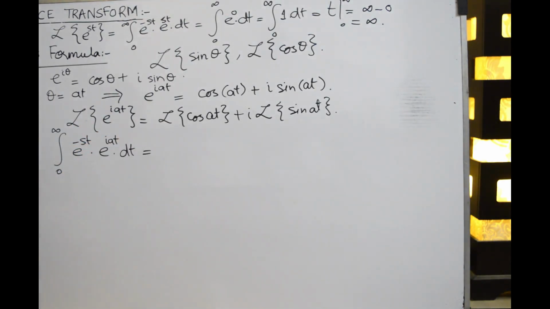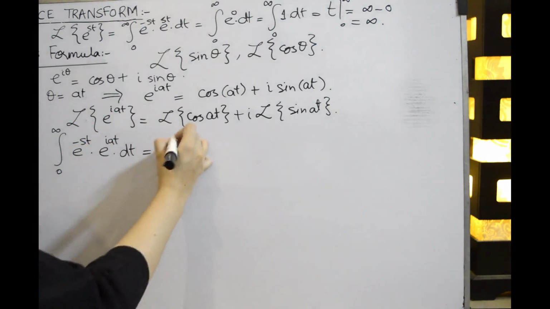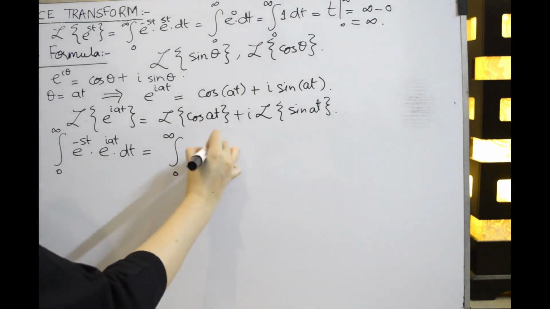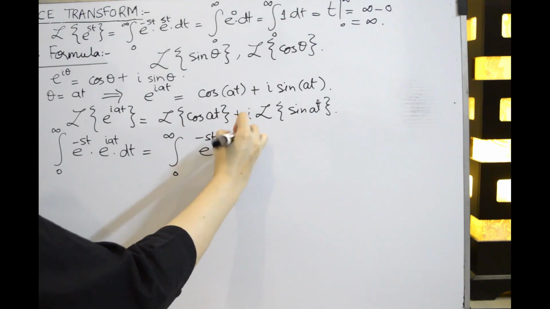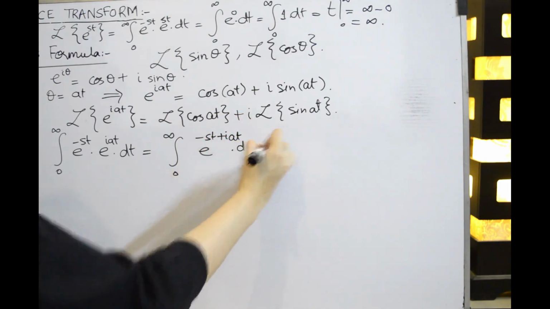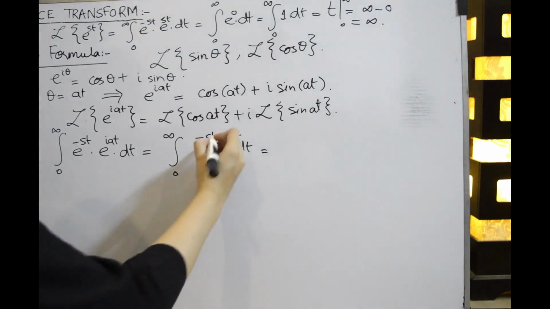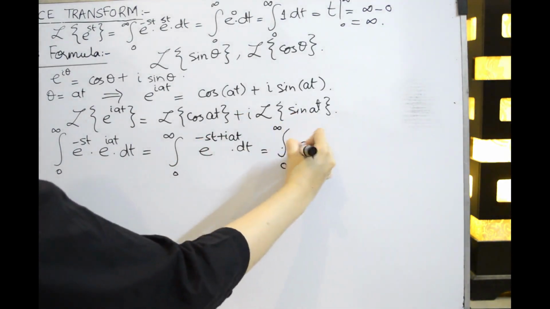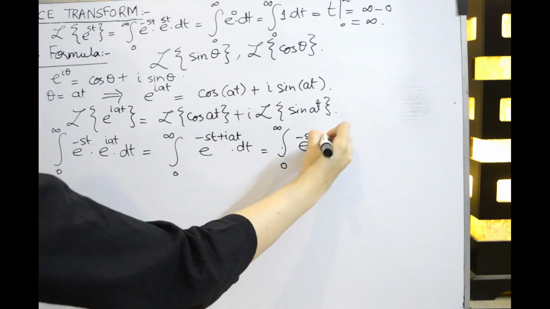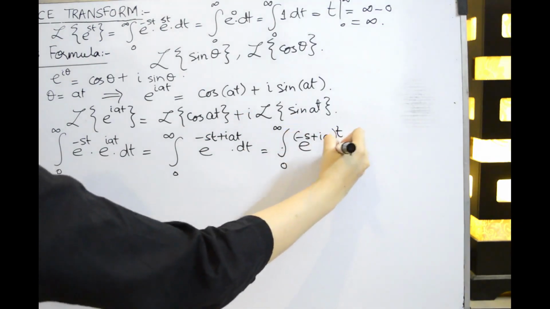Powers should be added because the base is same, so it is e to the power minus st plus iota at, and you have to take t as a common variable: e to the power minus s plus iota a into t dt.